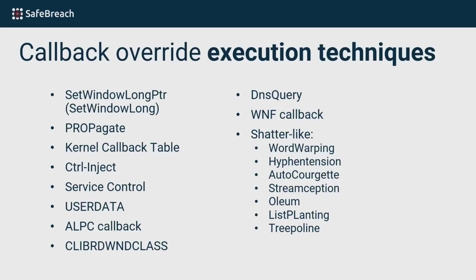And then there is a bunch of callback override execution techniques, what we call. I lumped together a whole lot of execution techniques, starting with SetWindowLongPtr, propagate, control inject, ALPC, WNF, and the whole Shutter-like techniques together because they share the same concept.